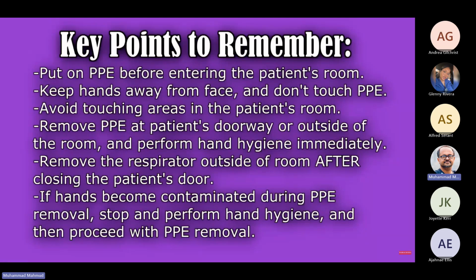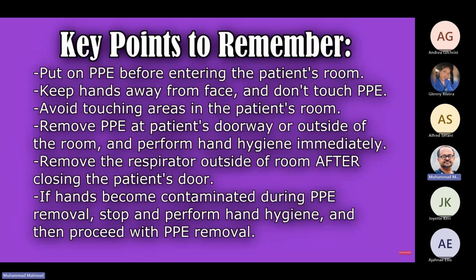Here are some key points to keep in mind when donning and doffing PPE. You'll want to put on the PPE before entering the patient's room. Once in the patient's room, keep your hands away from your face and don't touch your PPE. And try to minimize touching unnecessary areas in the patient's room to decrease contamination. And when you remove your PPE, you will remove it at the patient's doorway or outside the room and perform hand hygiene immediately.